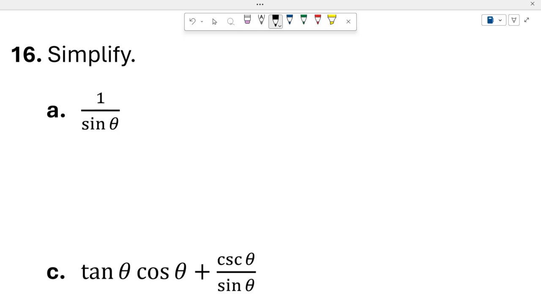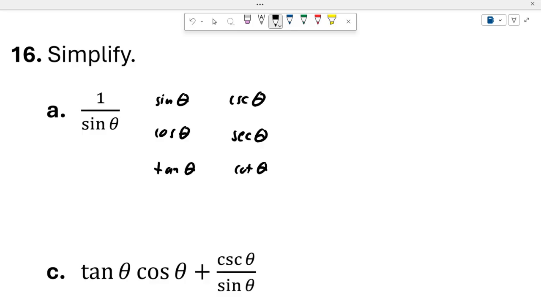So in order to answer this question, you're going to want to remember how the trig functions relate to each other. There's 6 of them. We've got sine, cosine, tangent, cotangent, secant, and cosecant.